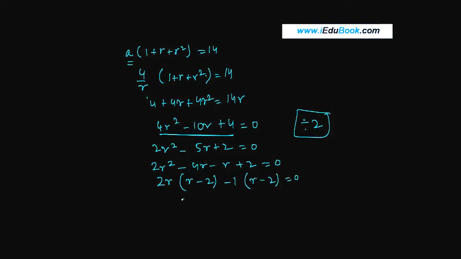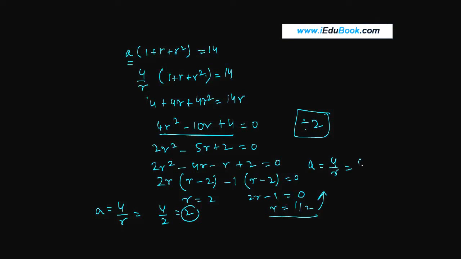So we get r is equal to 2, and 2r minus 1 is equal to 0, or r is equal to 1 by 2. a was equal to 4 by r, so 4 by 2, 2. And if you use the other value, you get a is equal to 4 upon r is equal to 8.